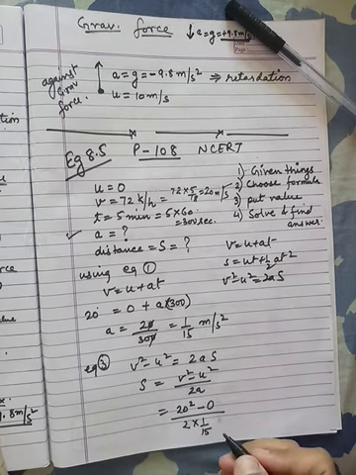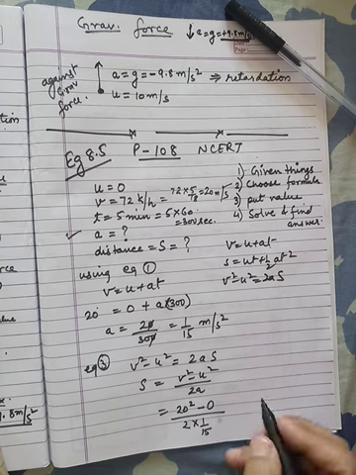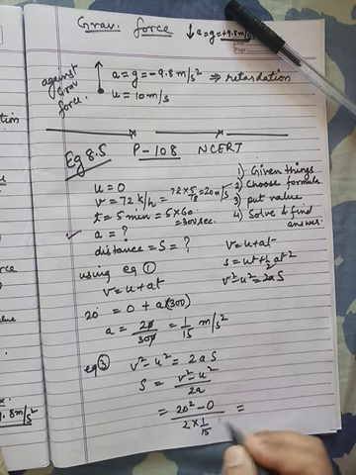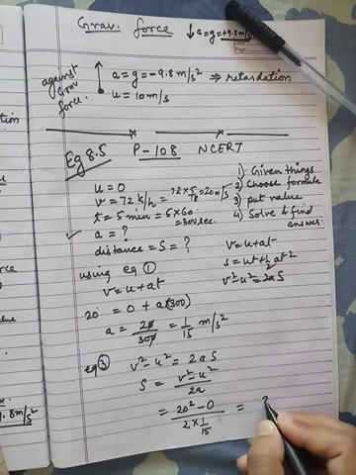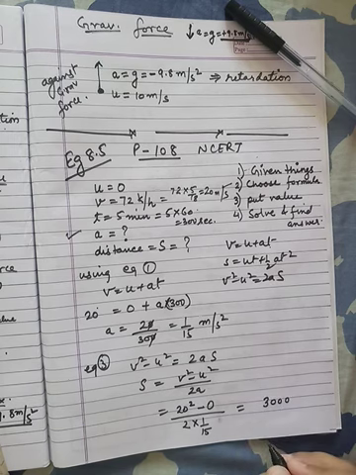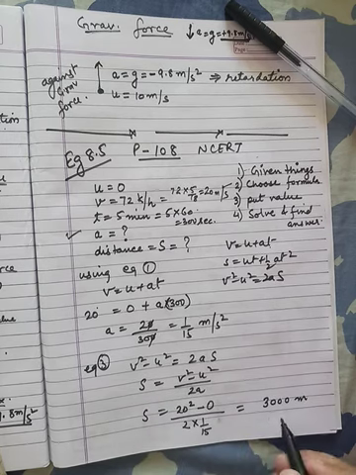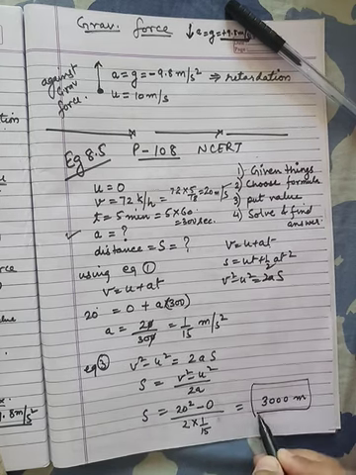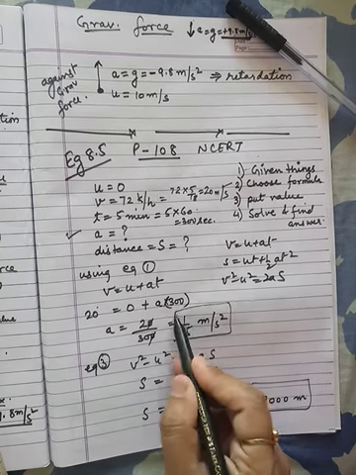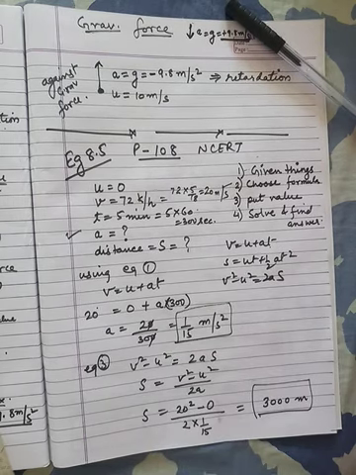By solving this, I'm getting the answer as 3000 meters. So s will be 3000 meters and our acceleration is 1 by 15 meter per second square. This is how we have to do it.